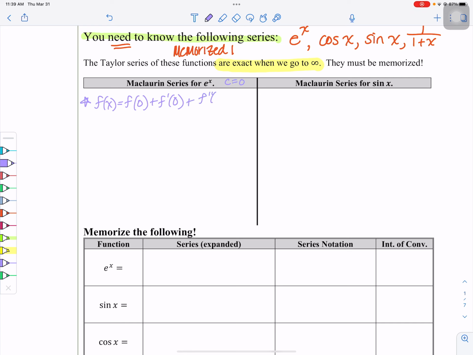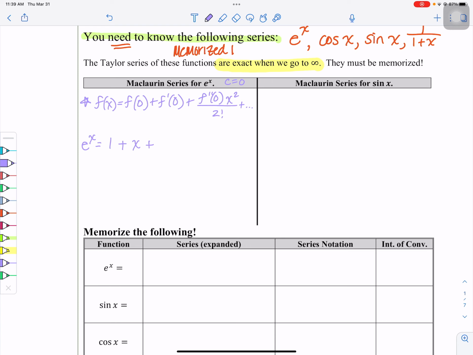Plus the second derivative evaluated at 0 times x squared divided by 2 factorial, plus and so on. So we have e to the x is equal to e evaluated at 0, e to the 0, which is 1, plus the first derivative evaluated at 0, which is 1, times x divided by 1 factorial, plus the second derivative evaluated at 0.